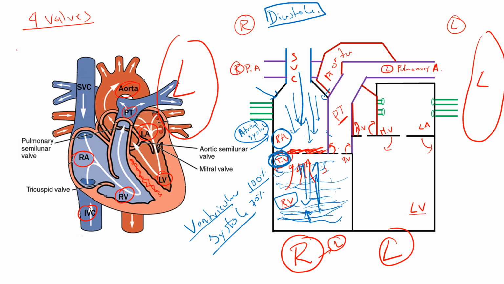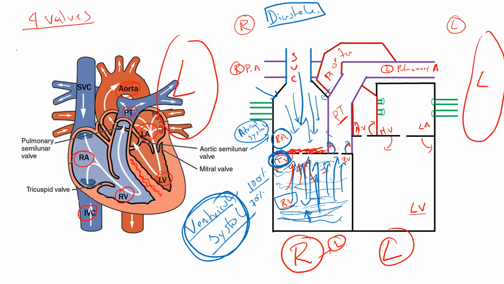It cannot go there because the door is closed. There's no other way to go. We don't want to go backwards. So what is the other alternative? It is this pulmonic valve. So when the pressure is high enough, with enough force, that will open the pulmonic valve. This is happening during ventricular systole.